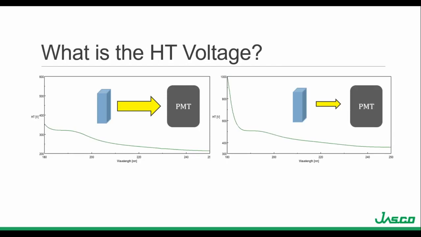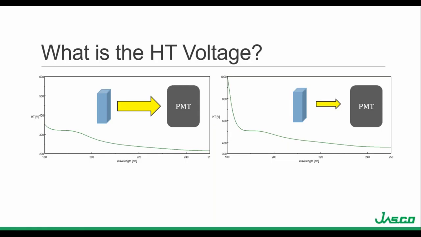Before we start discussing these factors, I first need to explain the second most important piece of data you need to acquire along with the CD signal, and that is the HT voltage, or the high tension voltage. The HT voltage is applied to the detector and used to amplify the signal and therefore the sensitivity. Since different wavelengths have different light energies, the HT voltage accommodates for fluctuations in the light level.